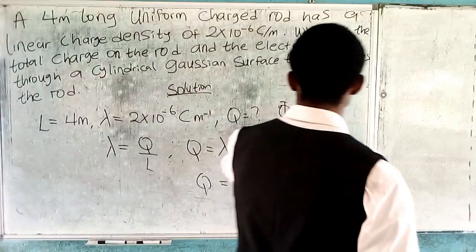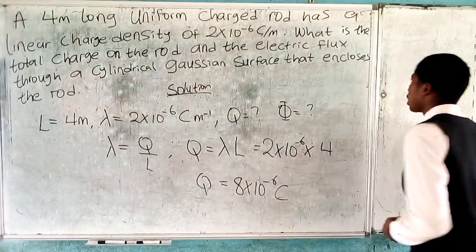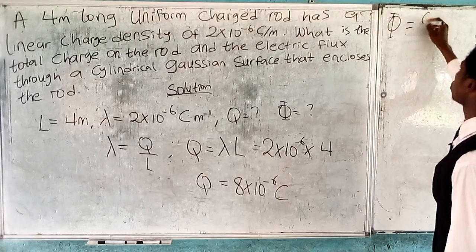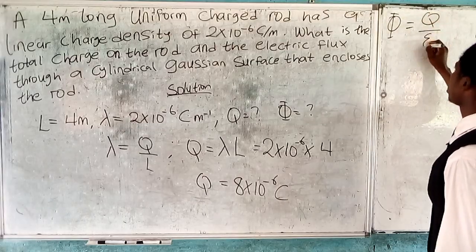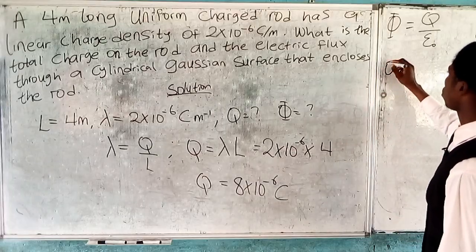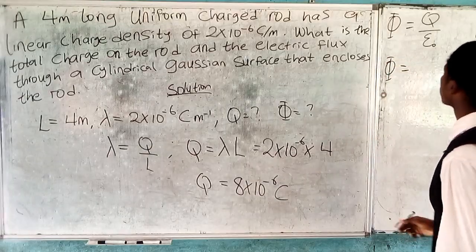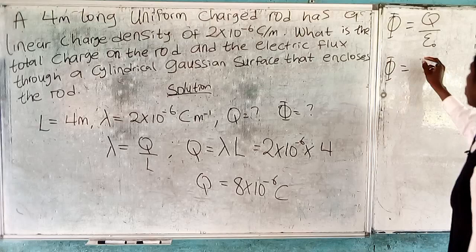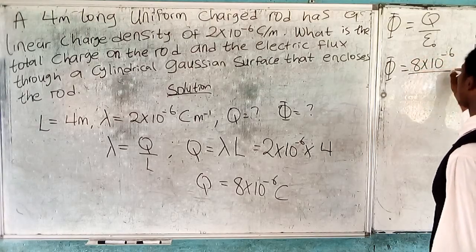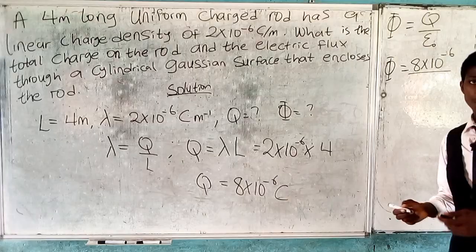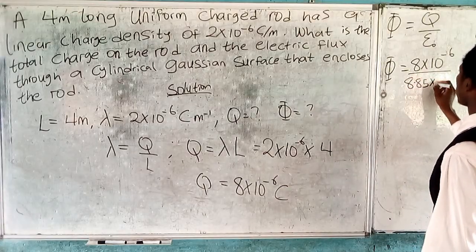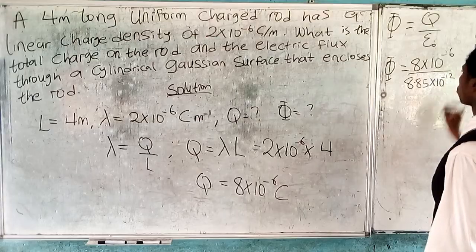Now moving on to the electric flux. Remember from Gauss law, electric flux is equal to the total charge over the permittivity of free space. So the flux will be equal to the total charge, 8 times 10 to the power of negative 6, divided by the permittivity of free space, which has its own value, 8.85 times 10 to the power of negative 12, right?